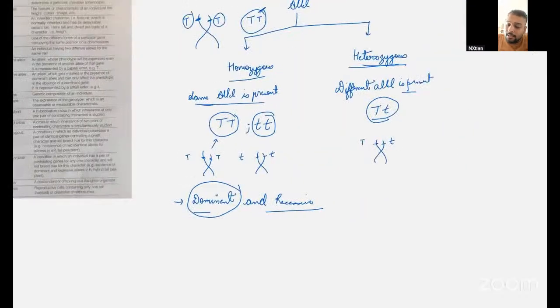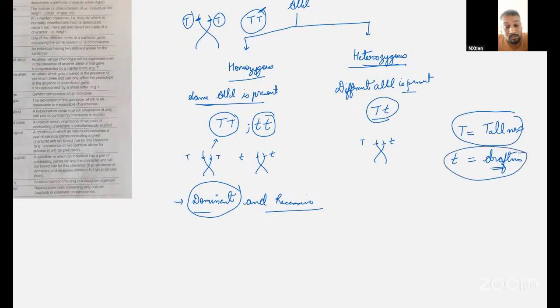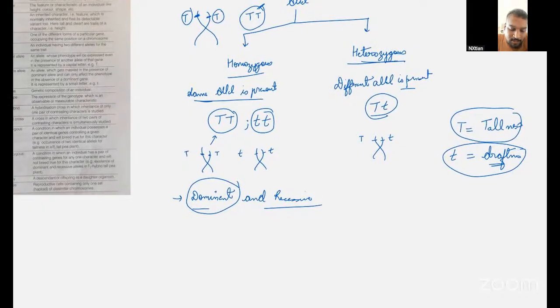Now here the capital T shows the character which is tallness, and small t shows dwarfness. Now, if I talk about the heterozygous condition, capital T is tallness, which is the dominant allele, and small t is the recessive allele.